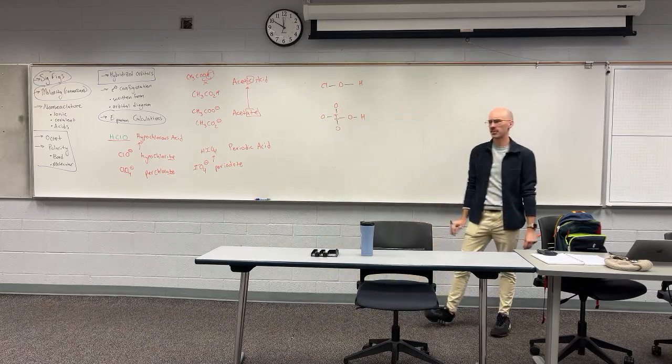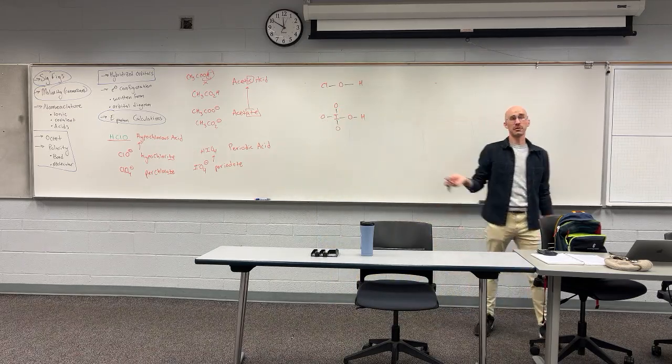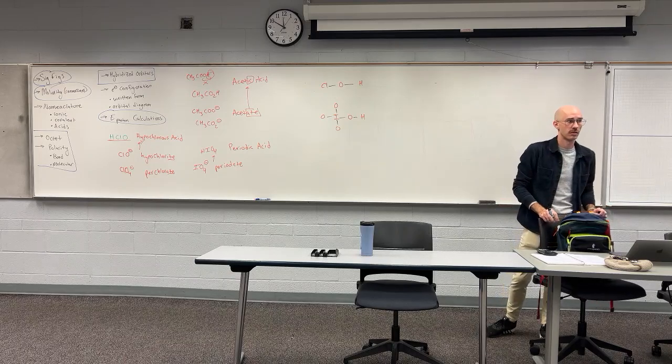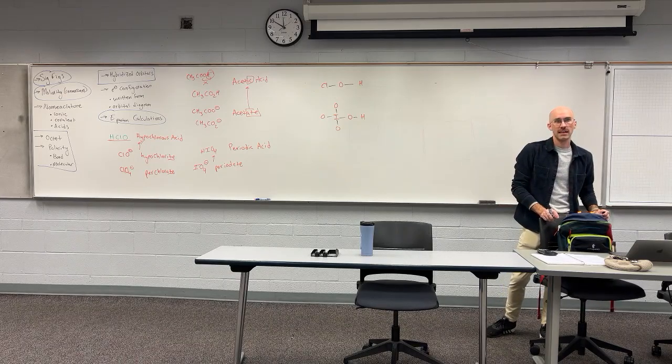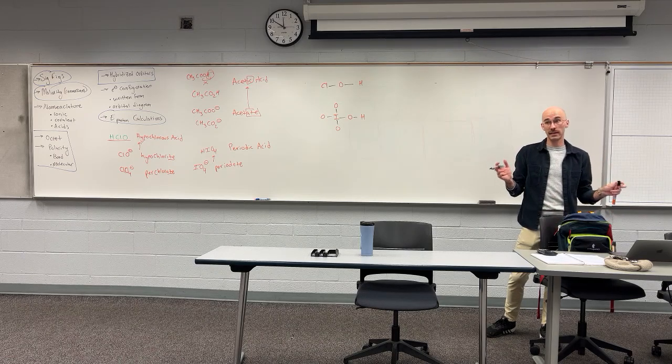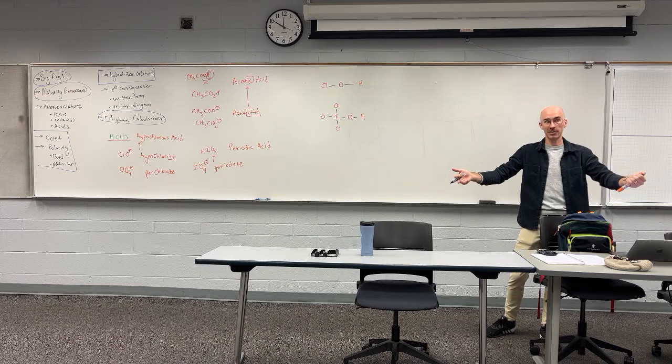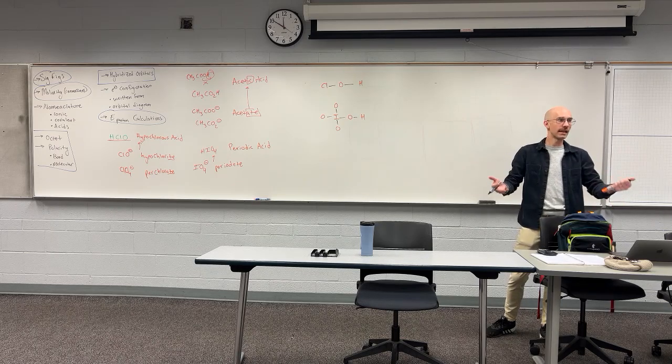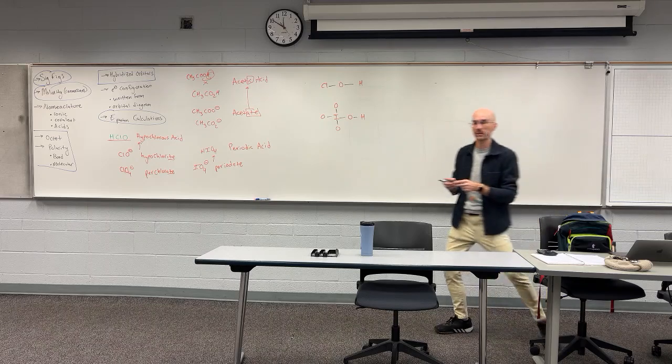How many electrons did I just use? How many electrons should I use? I need to calculate how many valence electrons I can have, right? And charges play in here. If I have a positive charge, I actually have fewer electrons than expected. If I have a negative charge, I have more electrons than expected.